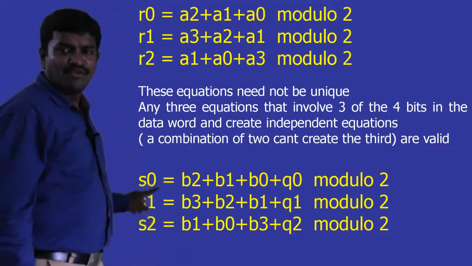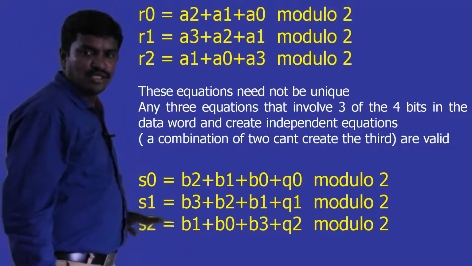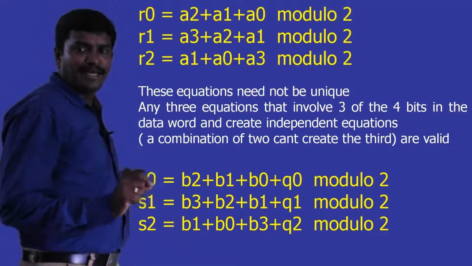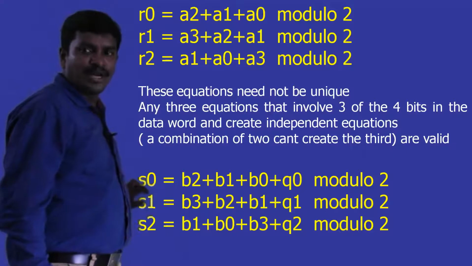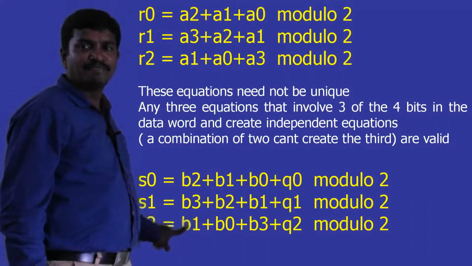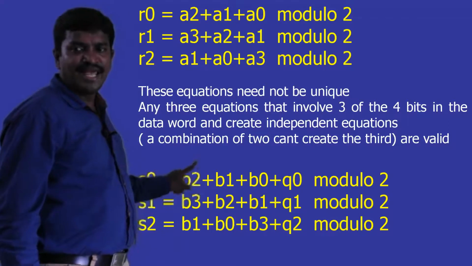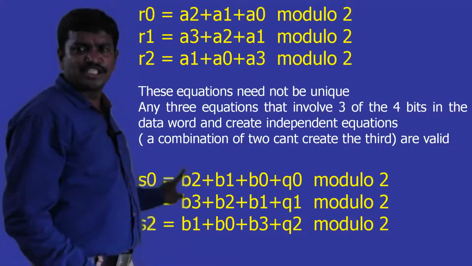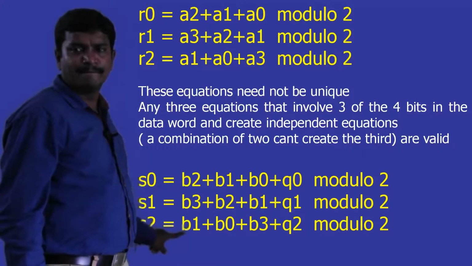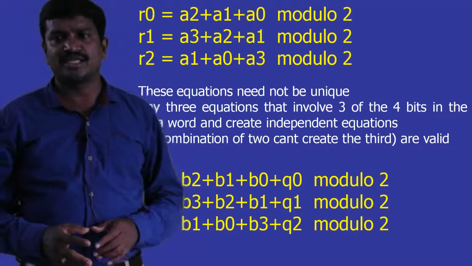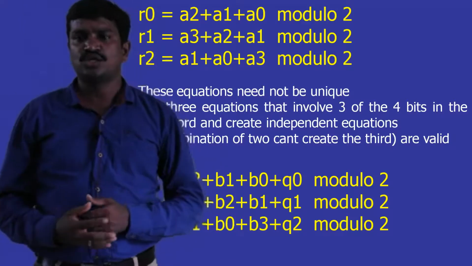I repeat, when you have the value 0, 1, 1, that variable is making S0 and S1 to 1 and S2 to 0. It appears in S0 and S1 but not in S2, and that is B2. This way you can come across the syndrome table values.